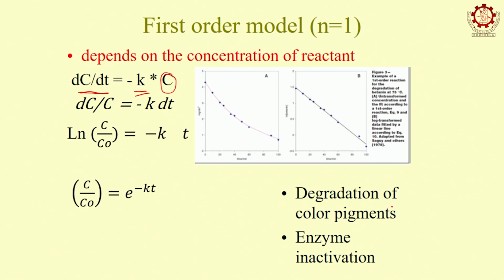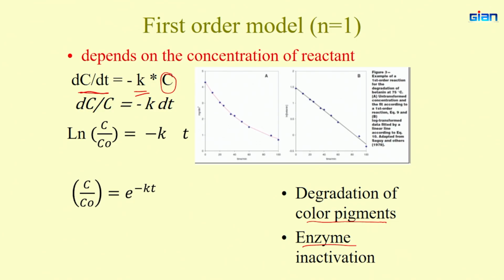Some of the typical problems that use first order reactions are degradation of color pigments and enzyme inactivation. In other words, the rate of degradation of enzymes is not only dependent on time, but it also depends on how much quantity of enzymes I initially had.